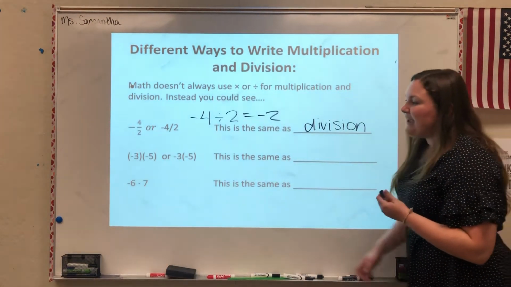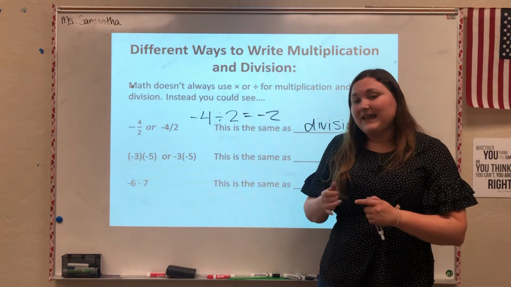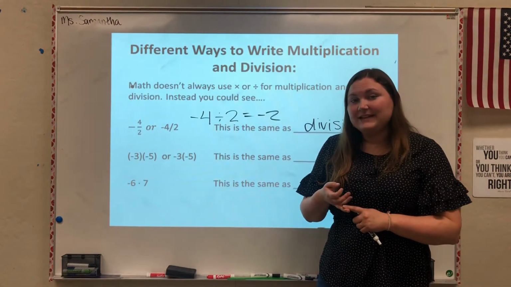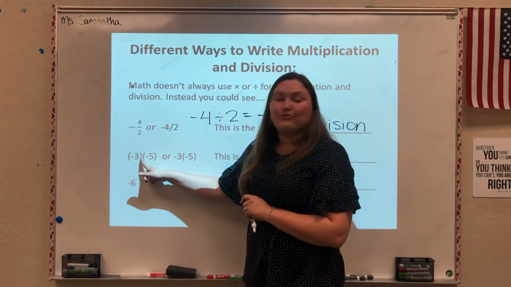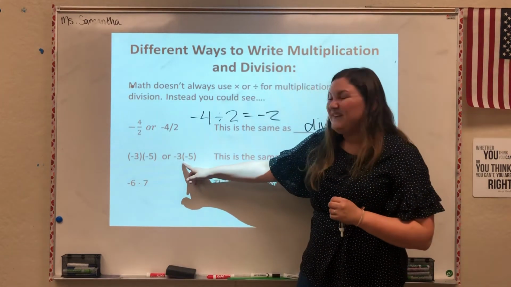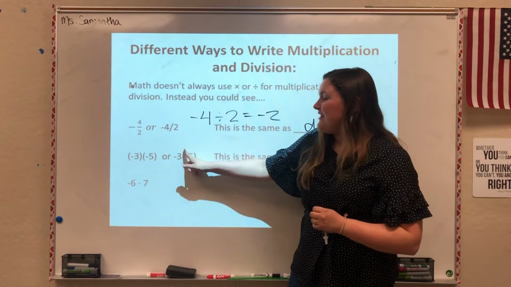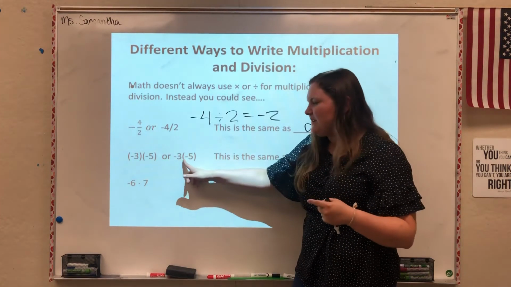Now the next thing we have are parentheses. We saw parentheses a little bit in the adding and subtracting integer lesson. I want to emphasize here that those two parentheses are right next to each other. There is no plus or minus sign between them. And over here, similar idea, that 3 is right next to the parentheses, no sign in between the number and the parentheses.